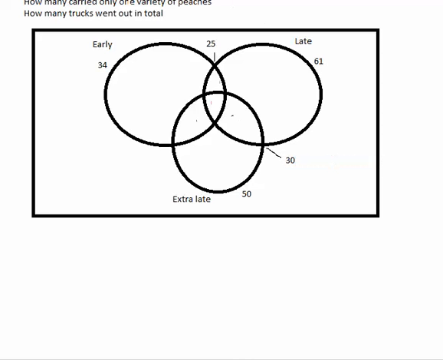There is a total of 8 trucks that carried early and extra late peaches. We also know that there are 6 trucks that carried all three. And we know that there are 9 trucks that carried no peaches at all.